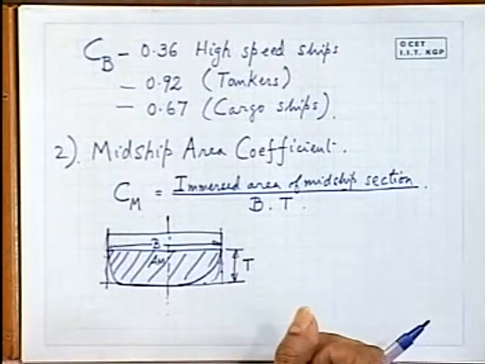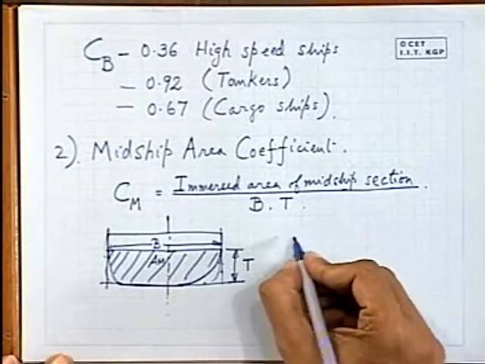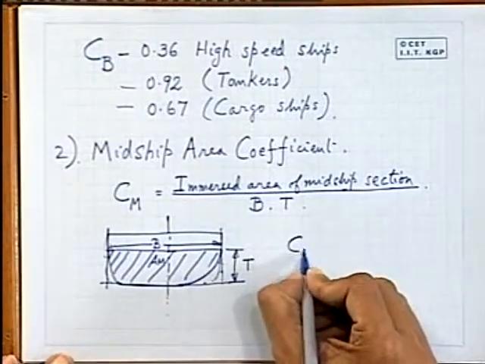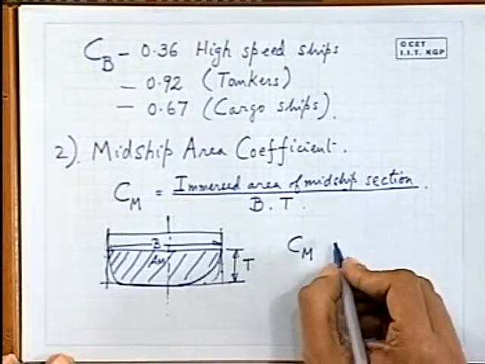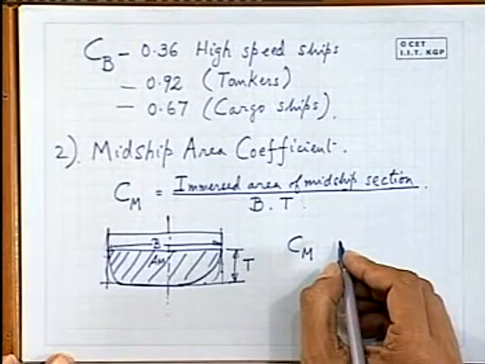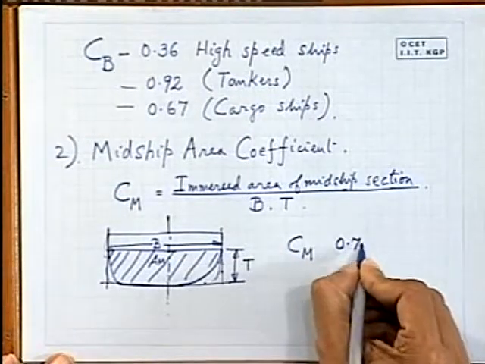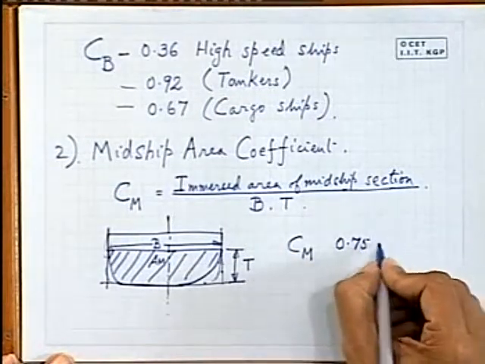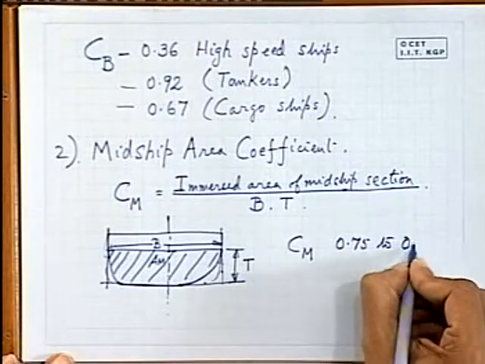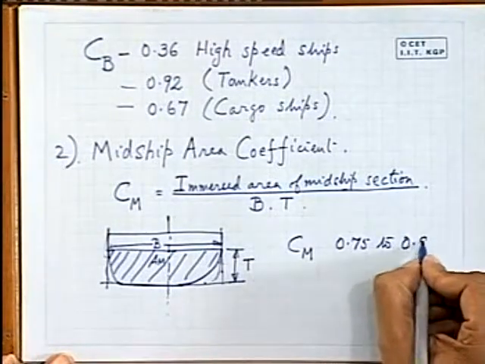Now in range you can write CM for normal ships as 0.75 to 0.995.